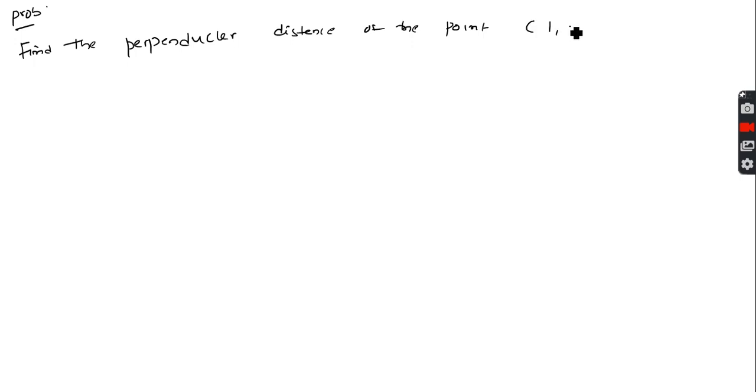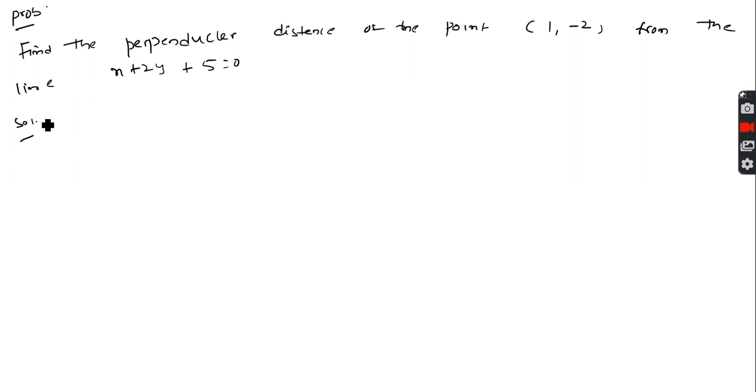The next problem is: find the perpendicular distance of the point (1, -2) from the line. What is the line? x + 2y + 5 = 0.